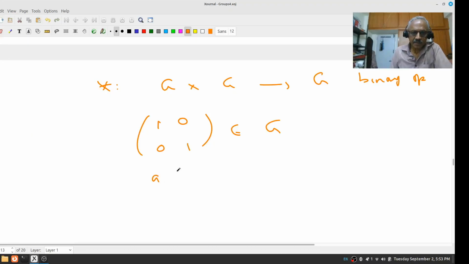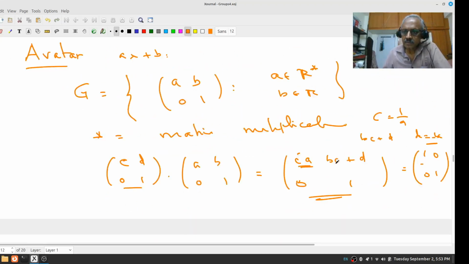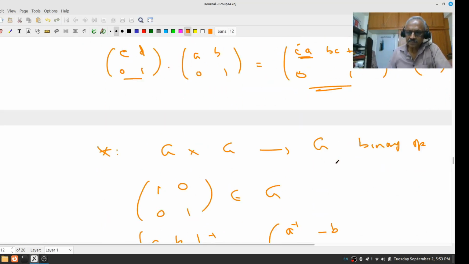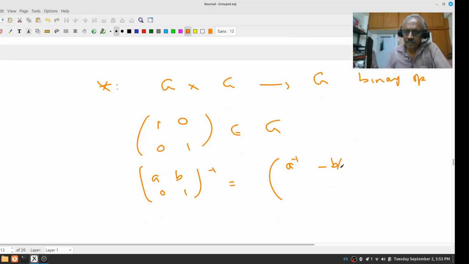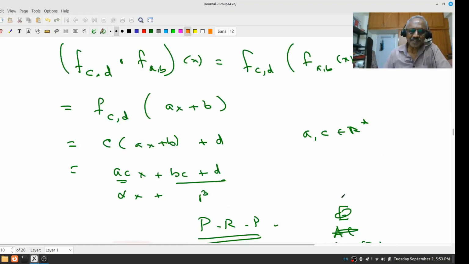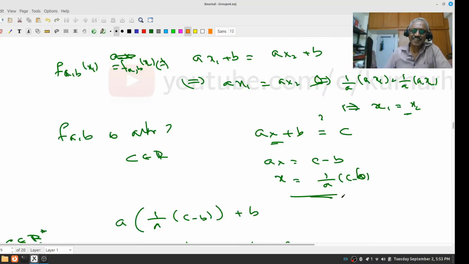The inverse of A, B, 0, 1 is A inverse, minus B times C. But what is C? It is 1 by A. Yeah, that is what I was missing. Do you remember every time I was saying what is this C? I forgot here. This is 1 by A.